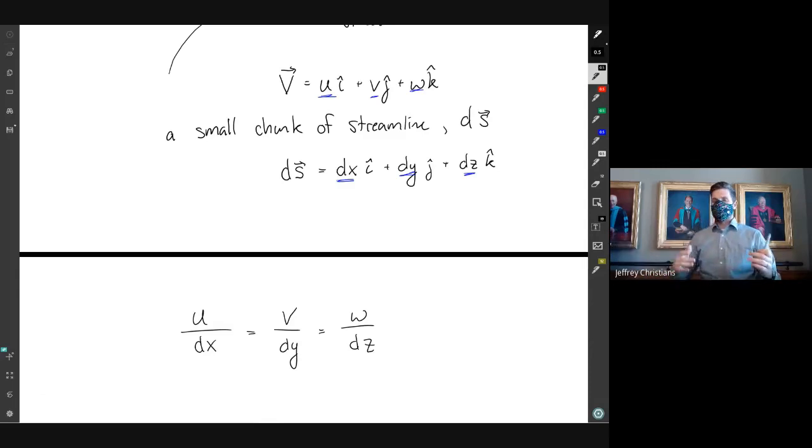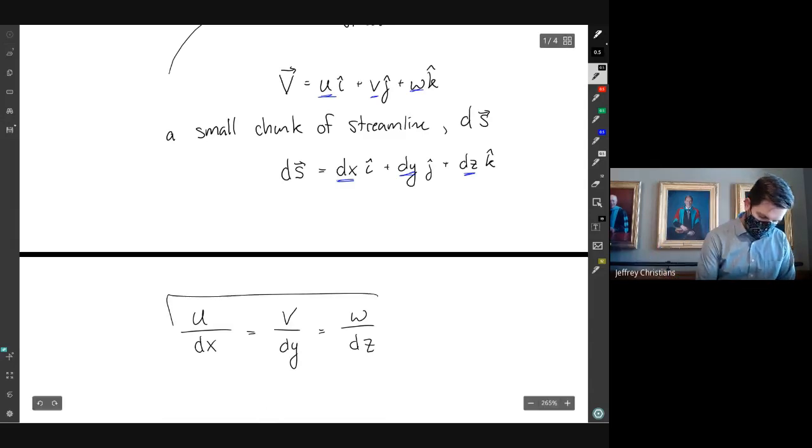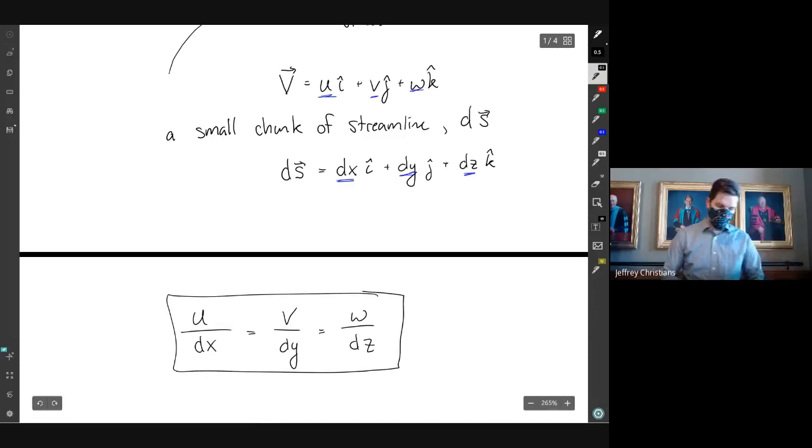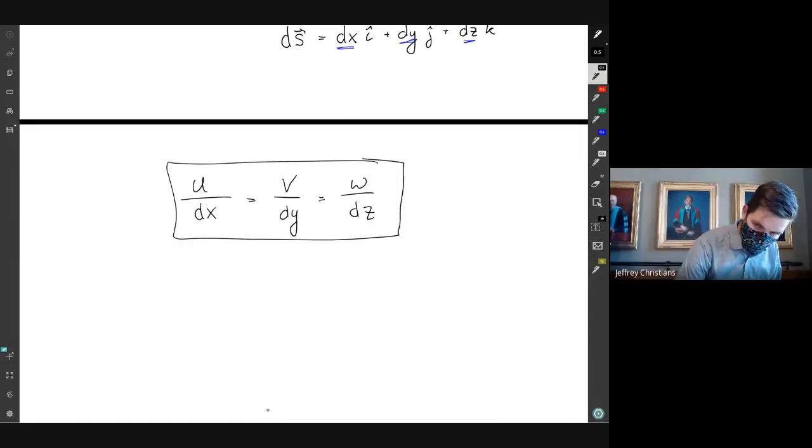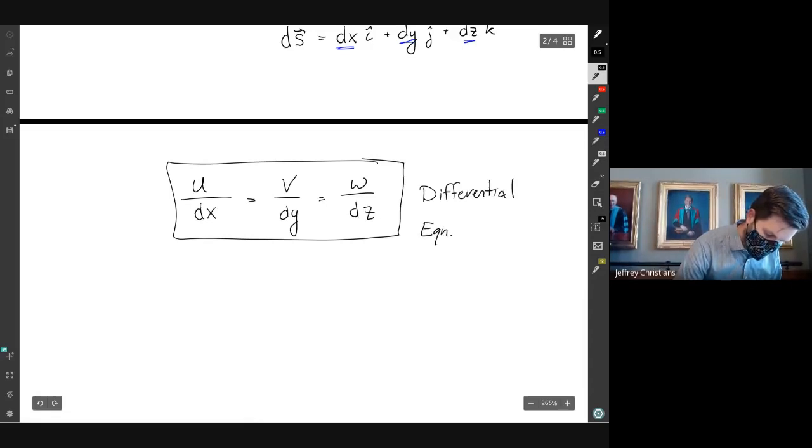Right? If the vector V is 100 times bigger, it's 100 times bigger in every dimension. So this ratio would be 100, but it's 100 for all the directions. So this equation is our differential equation for streamlines.